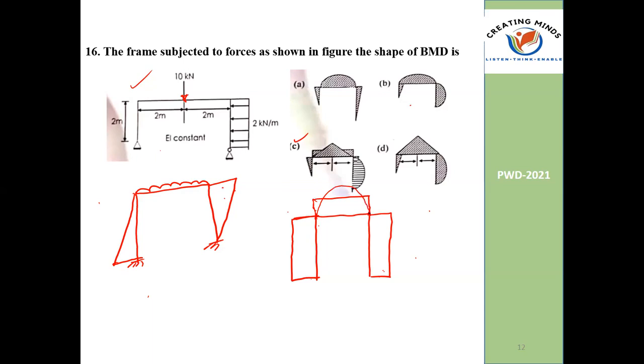For UVL also, it is a parabola, but cubic order. You have to do a small variation like this. Not a full parabola. It's like a third degree curve. It's a cubic. Okay. Cubic.